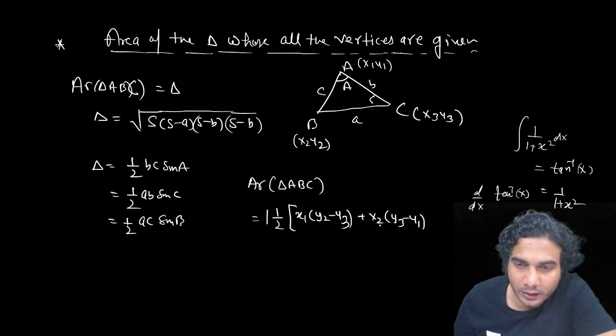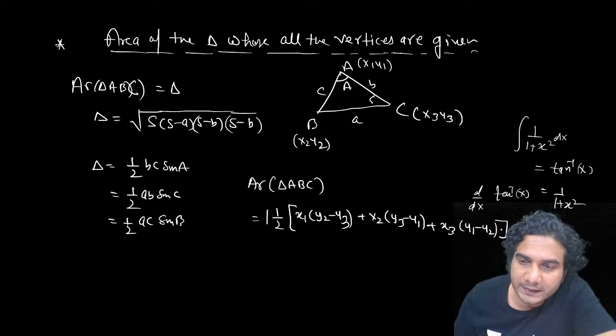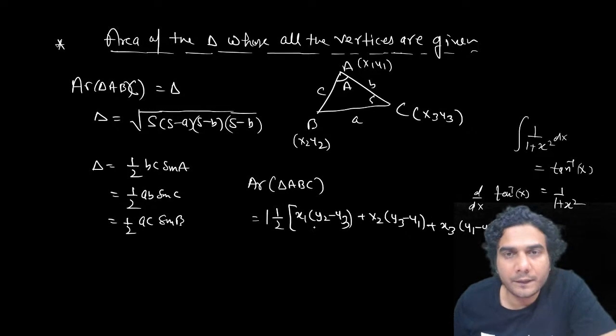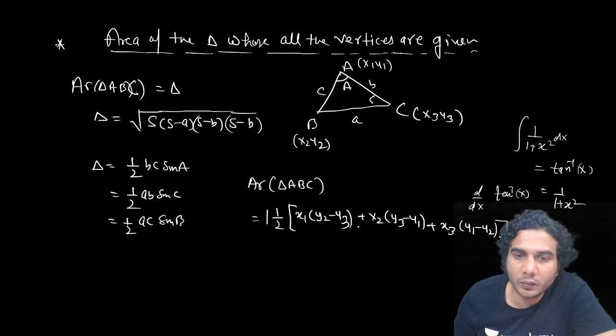You can see the cyclic order 1 2 3, 2 3 1, 3 1 2, so it is easy to memorize.